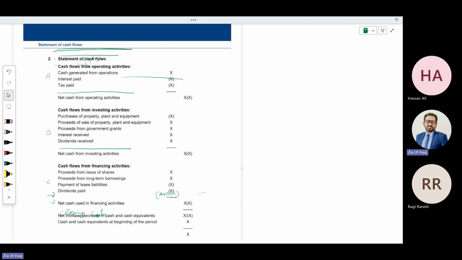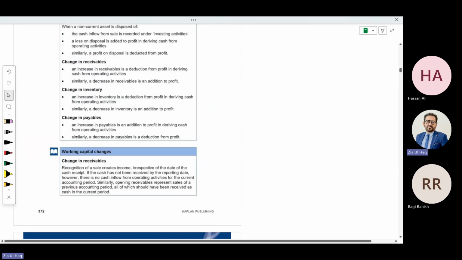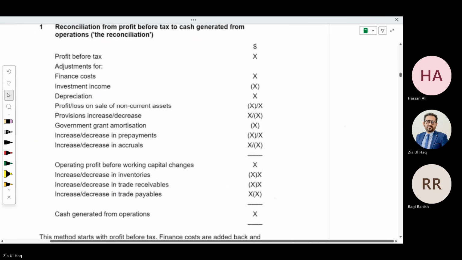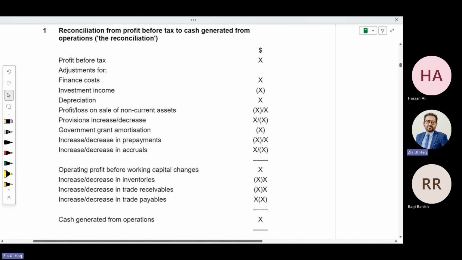Now we are moving towards the difficult part, how to calculate cash from operations. What is the format of cash from operations? This is the format. For cash from operations, we will start from the profit before tax figure.